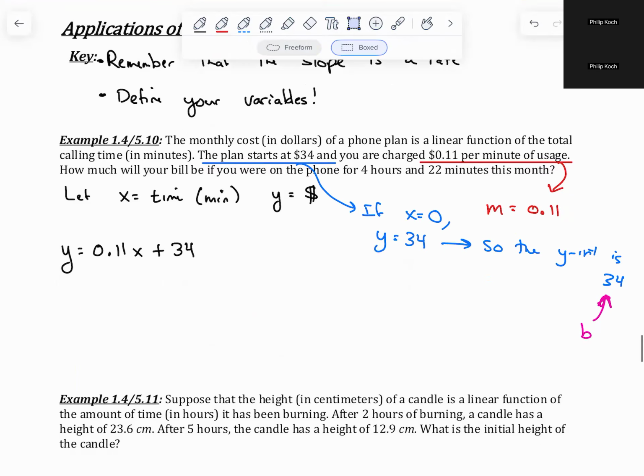And then we have to ask ourselves, how much would be charged if you were on the phone for 4 hours and 22 minutes this month? So it is not going to be 4.22 because first and foremost, our time is measured in minutes. So we need to convert the 4 hours and 22 minutes to purely minutes.